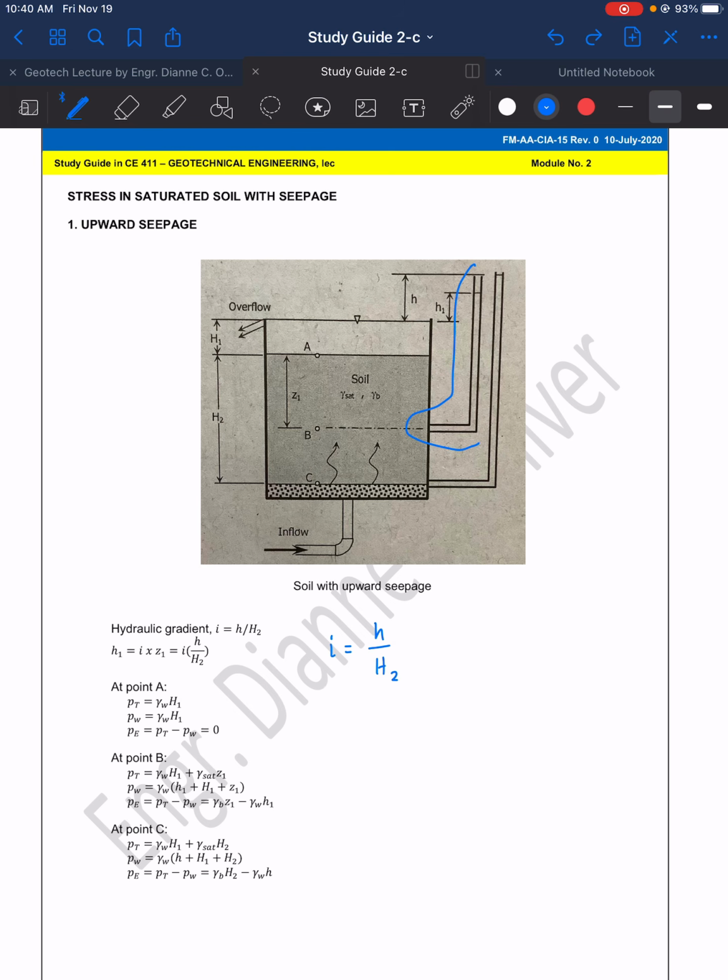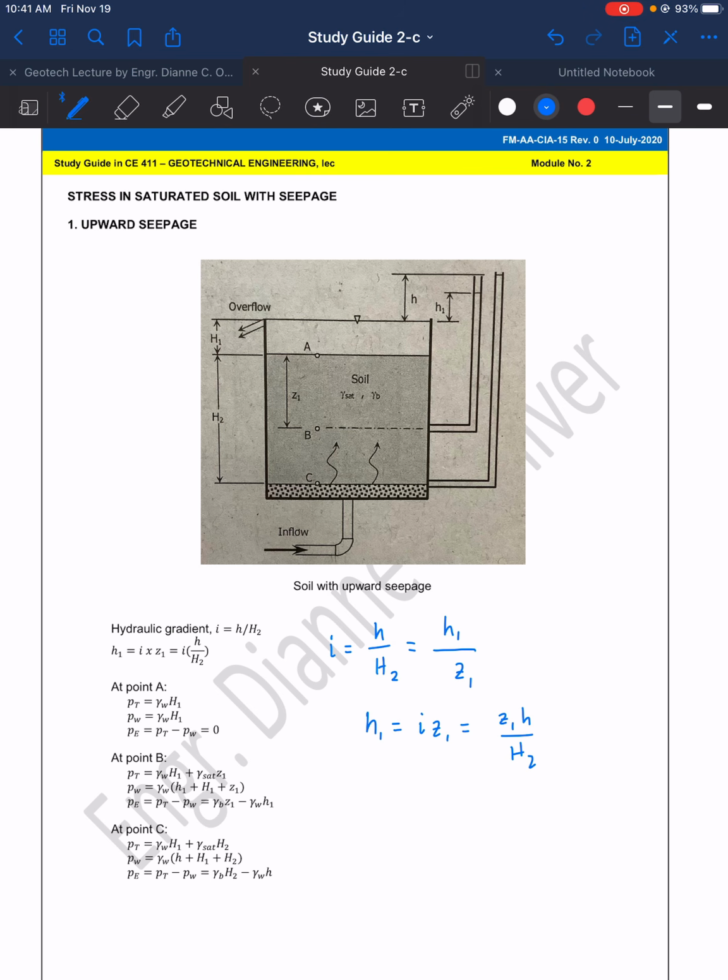If we take the tube at the point B, we can have that as H1 over Z1. So if we want the value of H1, that is equal to I Z1, or that is equal to Z1 H over H2.